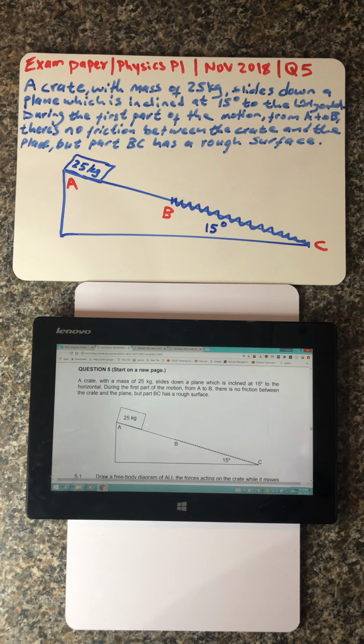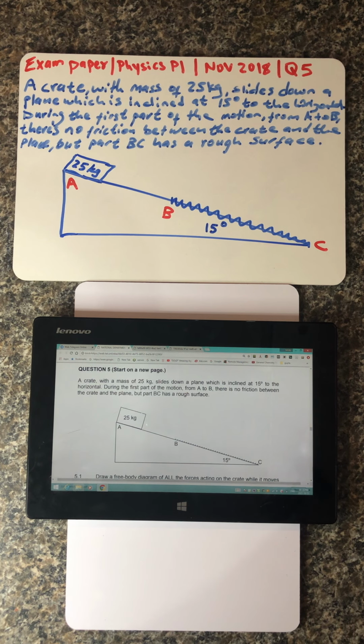Okay, so ladies and gentlemen, I'm just going to quickly read through the given statement. I suppose everyone is ready for this question, and you're looking forward to see how to solve this question.